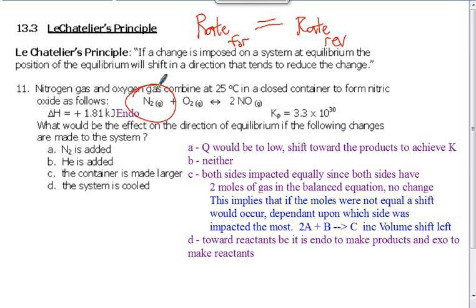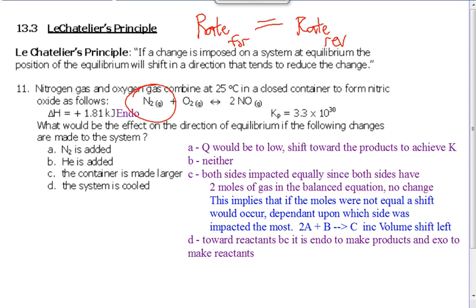And if there's more collisions, what's going to happen to the reaction rate? It's going to temporarily speed up. And if this side is faster, we are no longer at equilibrium. I visualize the arrow getting big in one direction, the same in the other direction. For a minute, the forward reaction is faster until you get rid of that excess nitrogen and it reaches equilibrium again. So for a second, it's going to shift to the right and get back to equilibrium.